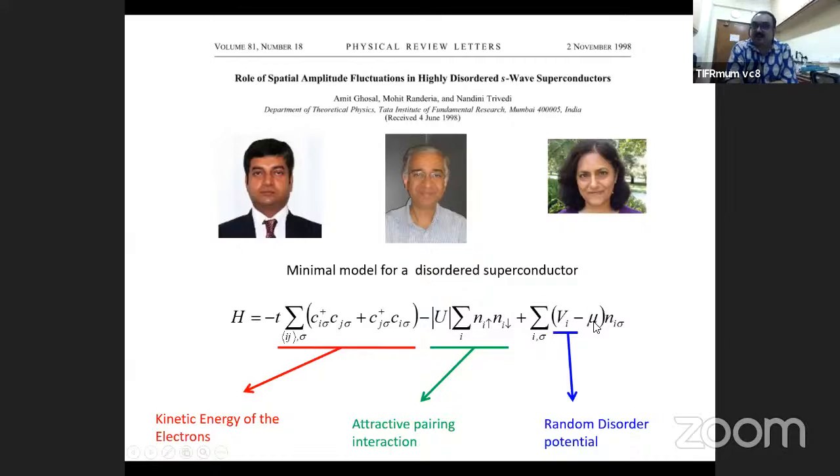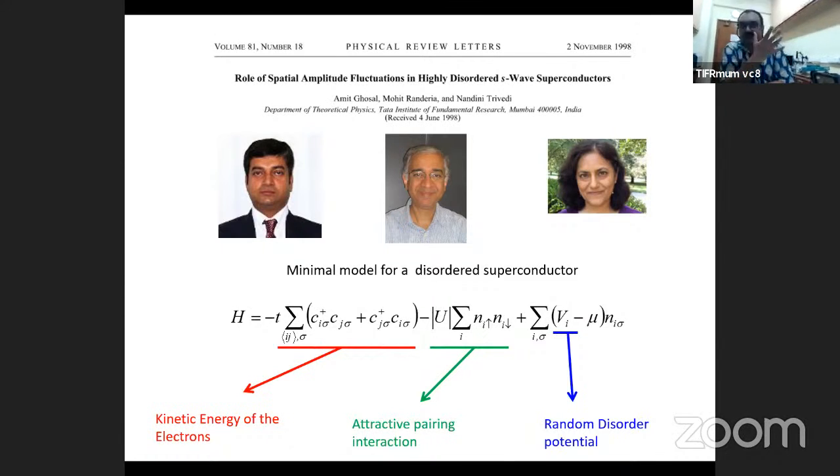In addition, they put this V_i, which is a random disorder potential. So at every point, my chemical potential is slightly different. That is how I am putting in disorder. Whenever I am putting in disorder, locally I am changing the chemical potential a little bit. So that's a very elegant way to put in disorder.